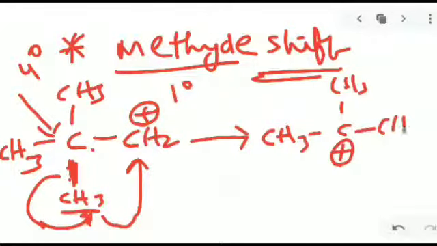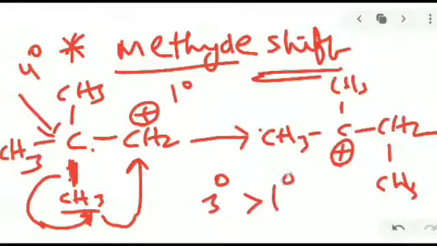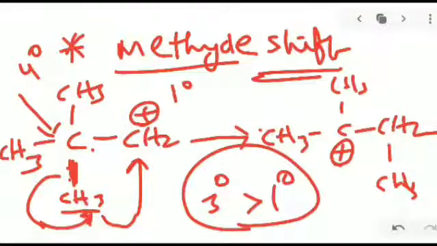Okay, so CH2 and CH3, this is a tertiary, the carbon which is attached to 3 carbons, that's why tertiary is more stable than primary. Here the methyl shift and hydride shift are very easy to do. In today's class we cover the small differences between the methyl shift and the hydride shift.